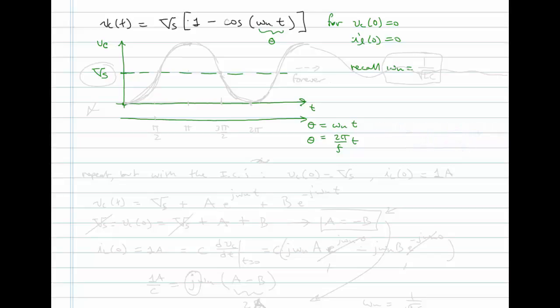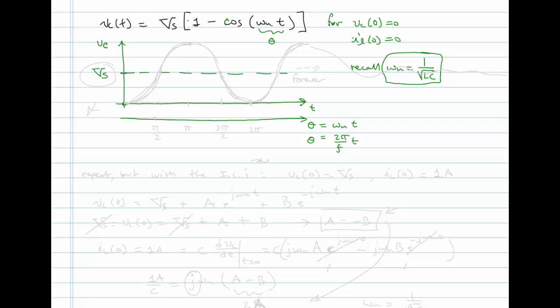That was what we defined to be 1 over square root of LC. So notice that the frequency at which this cosine repeats itself is dependent on the L and C values. The smaller the values are, the higher the frequency.